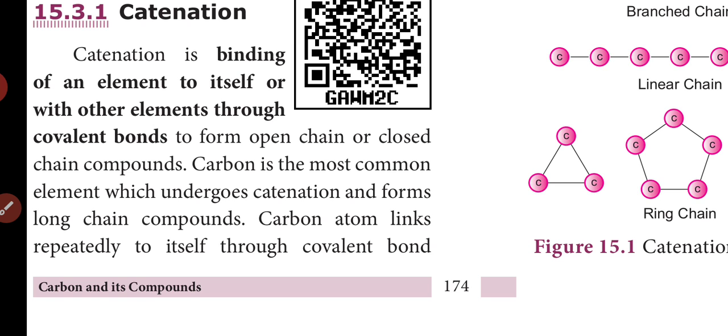Binding means grouping together or connecting or joining together. So binding of an element to itself, to the same carbon compound, or with other elements, or it may combine with hydrogen or nitrogen or sulfur or oxygen, whatever element, through covalent bonds. So carbon is the most common element which undergoes catenation and forms long chain compounds.